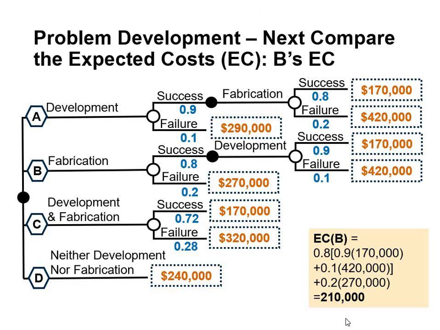Yeah, so that was a typo. So the result is correct. So B is already better than A.